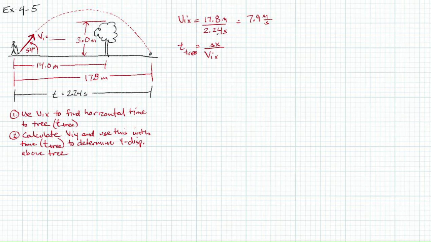Our displacement to the tree is 14.0 meters. The velocity getting there, at any one point, because there's no acceleration in the x direction, is 7.9 meters per second. If we calculate that out, the time to the tree is 1.8 seconds.